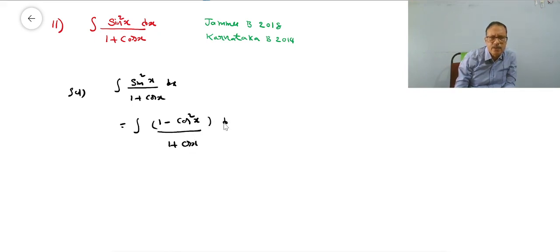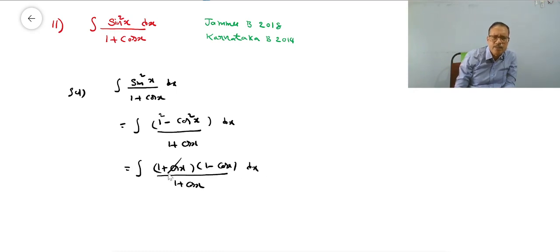This 1 can be written as 1 square. Now it is of the form a square minus b square, and a square minus b square can be written as a plus b into a minus b. That is integral of 1 plus cos x into 1 minus cos x by 1 plus cos x dx. Here 1 plus cos x gets cancelled. This is equal to integral of 1 minus cos x dx.